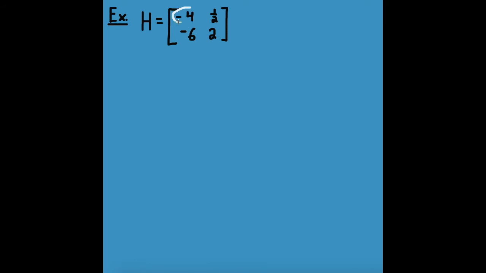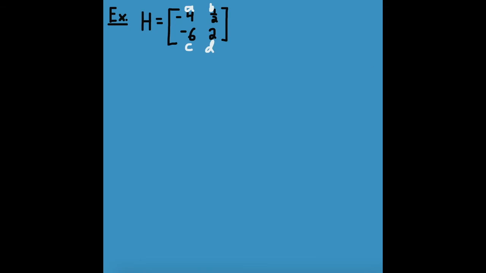Since this has 2 rows and 2 columns, this is a 2 by 2 matrix. Now, let's label what our A, B, C, and D are. A equals negative 4, B equals 1/2, C equals negative 6, and D equals 2.